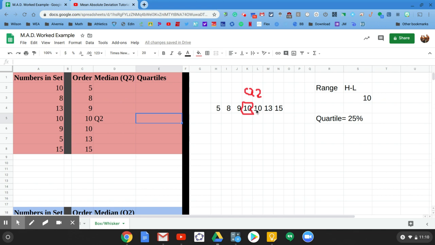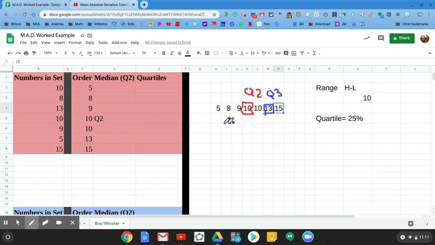So we want to look at only the numbers 10, 13, and 15, or however many numbers are to the right. And we are going to take a second median. Between these 3 numbers, which number is in the middle? Well, that would be this guy right here, the 13. So I'm going to do that in blue. That is our upper quartile, known as quartile 3.